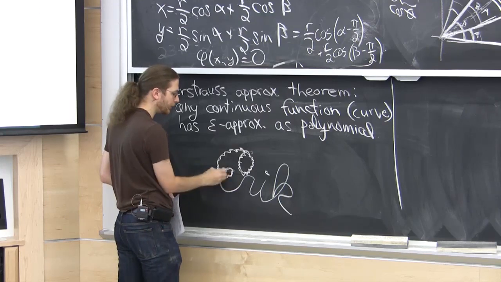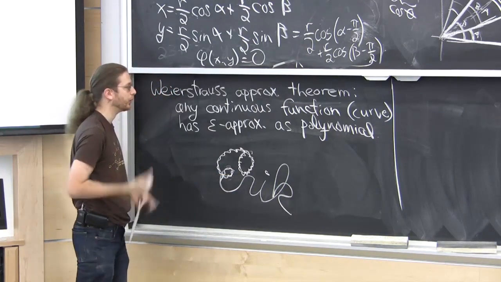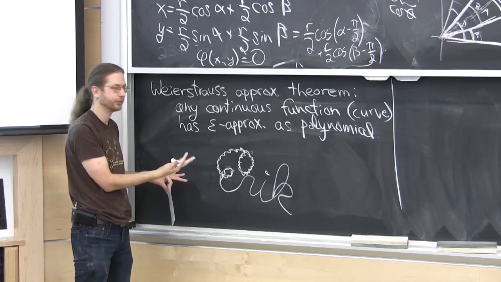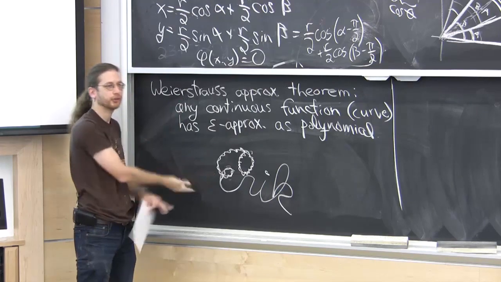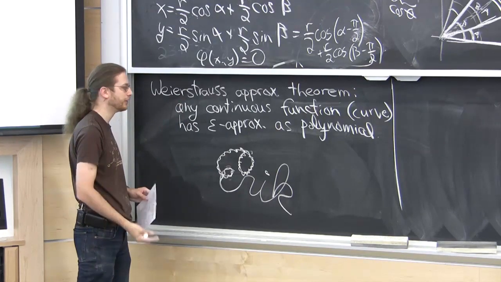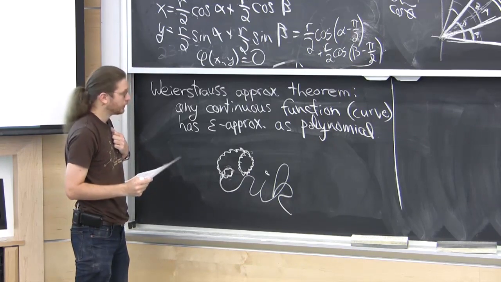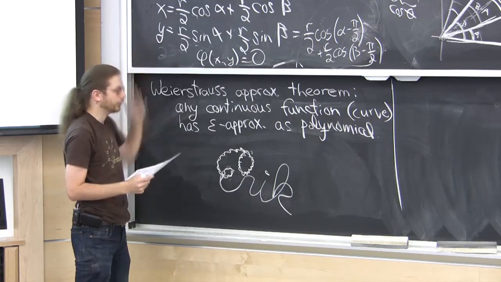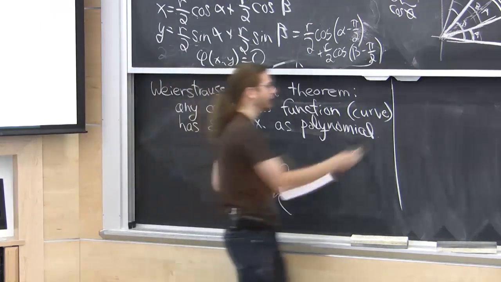But it will be always within an epsilon thickness of Erik. Always Erik, never any other curve. All right, so you can apply this to make your signature or make whatever crazy curve you have in mind. That's kind of nice. So this is why you can sign your name using polynomials. All right, so that's an easy application.